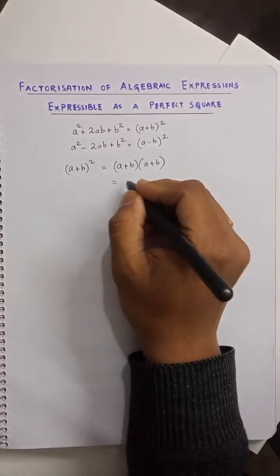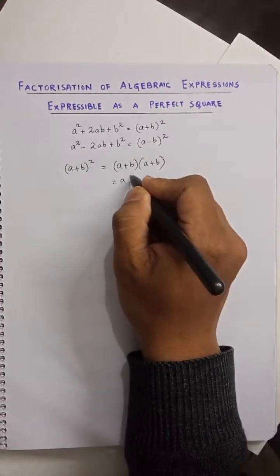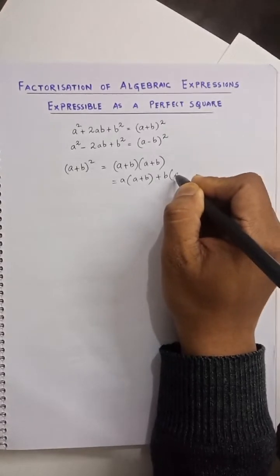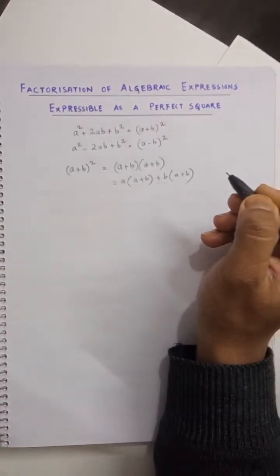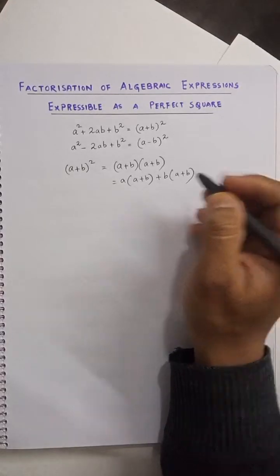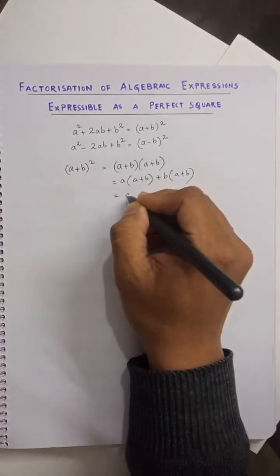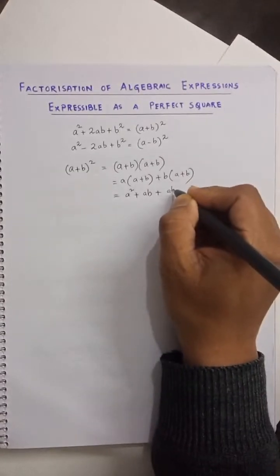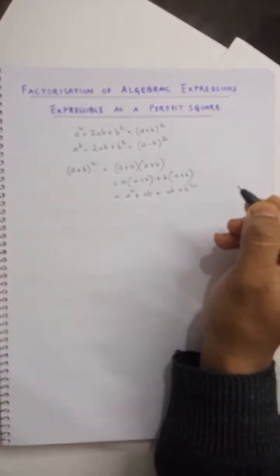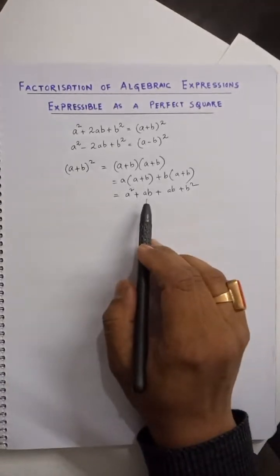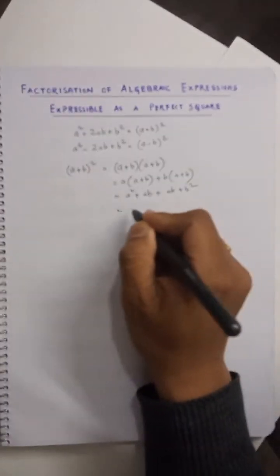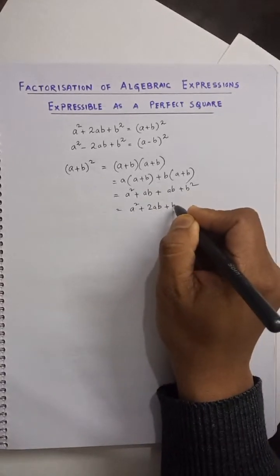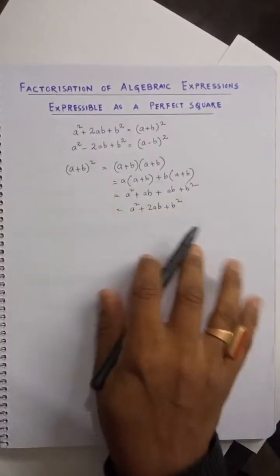Then we multiply a and b with (a plus b). So this is a square plus ab plus ab plus b square. So ab and ab becomes twice ab. So this is our identity. I am teaching this in case you forget, you can try this.